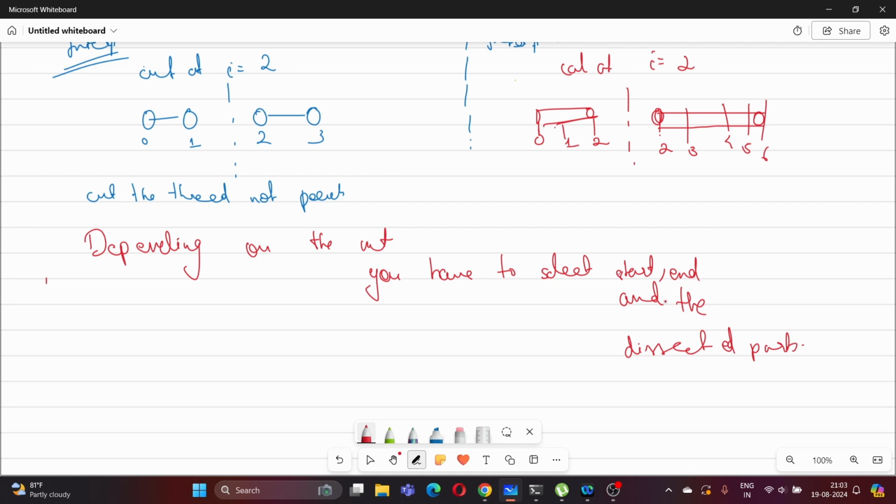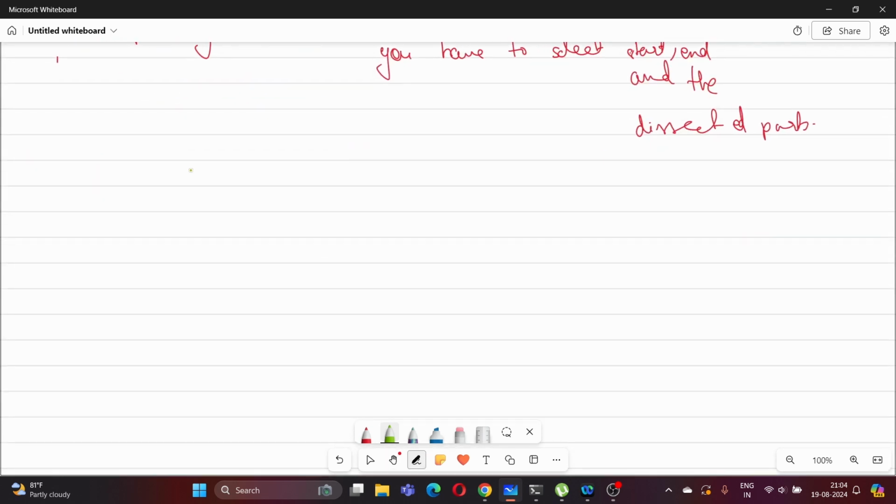Let me also summarize the function for you. The recursive function will have array, start, end. If I is greater than j, return, the base condition.